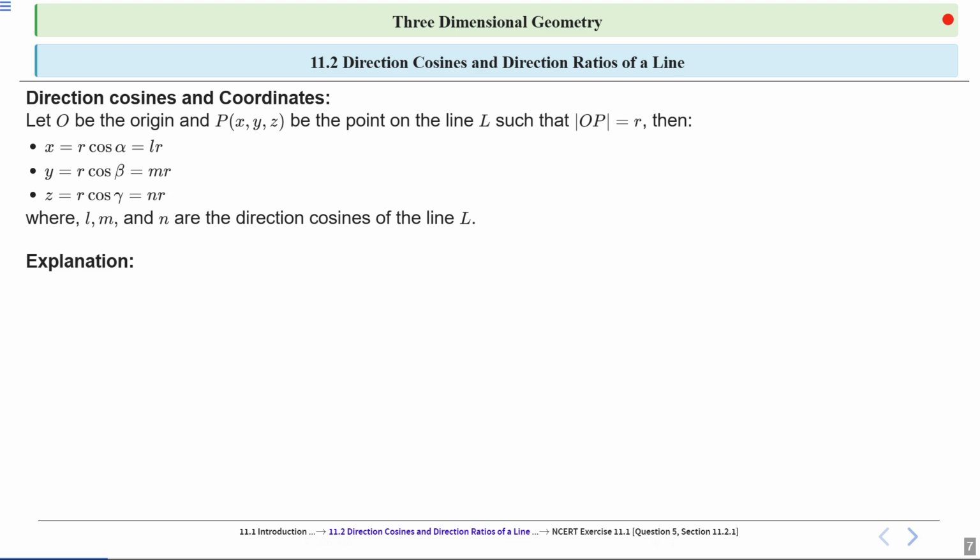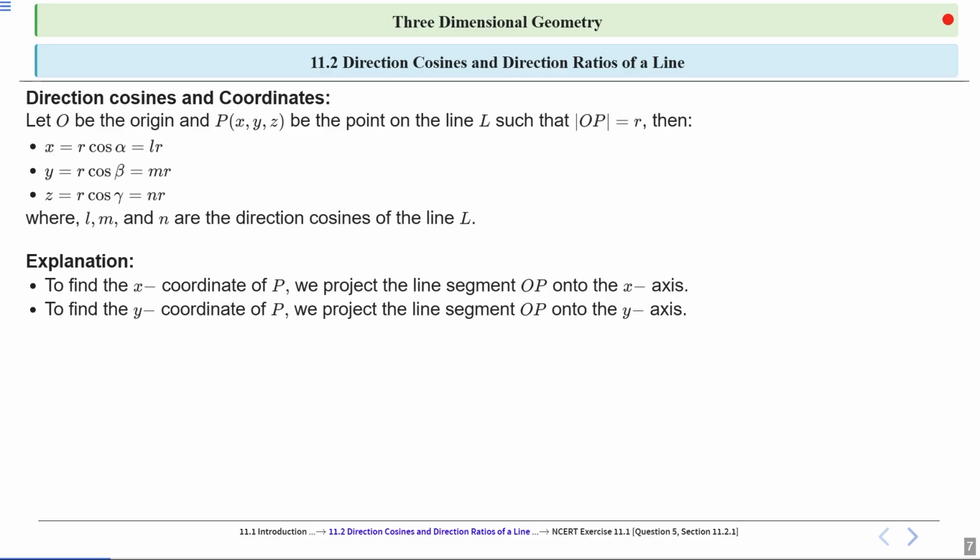Now, let's explain why these formulas work. To find the x coordinate of P, we project the line segment OP onto the x-axis. So this means we are looking at how much of OP points in the x direction. And the formula x equals r times L comes from this projection, where L is the cosine of the angle with the x-axis.